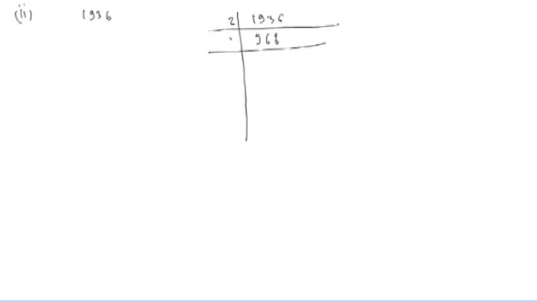And the second question, 1936. So the prime factors of 1936 will be, just now I'm taking the bigger digit.